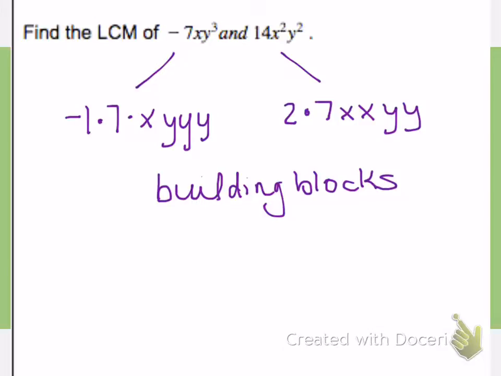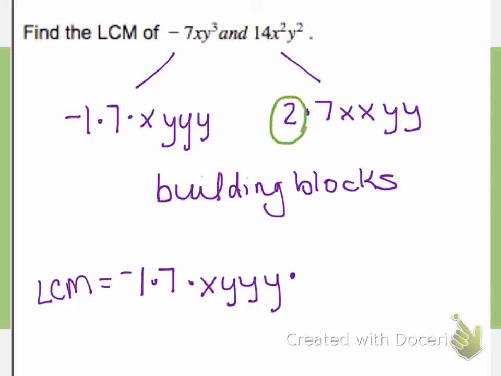So for my LCM, I need the LCM to contain all the parts of the first value. So I'm just going to write down all the parts of the first value. And I need to make sure that all the building blocks, or the primes, of the second value are there as well. So I don't yet have a factor of 2, so I need to put that in.